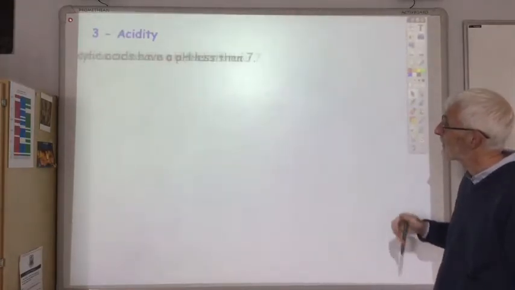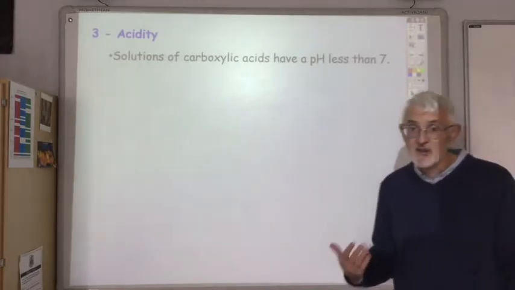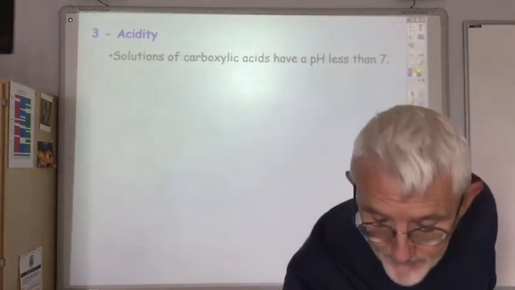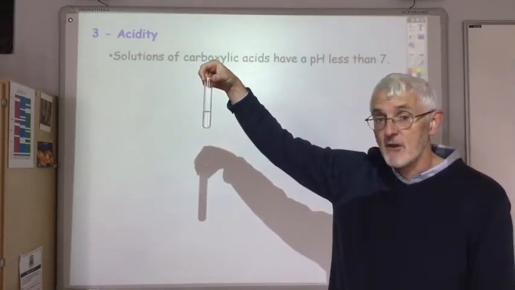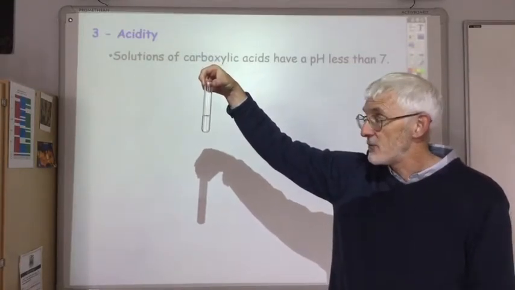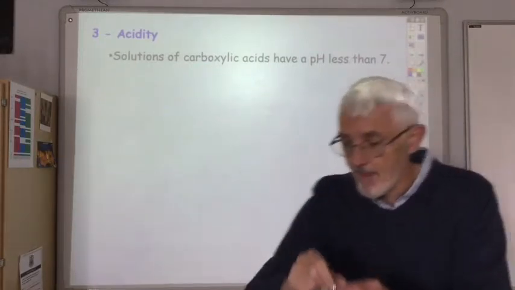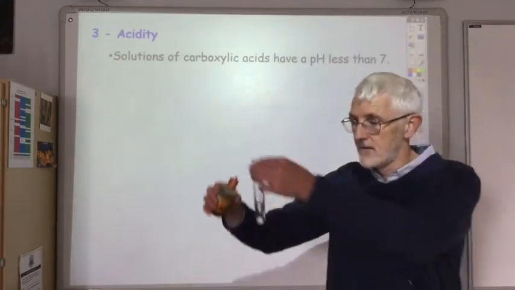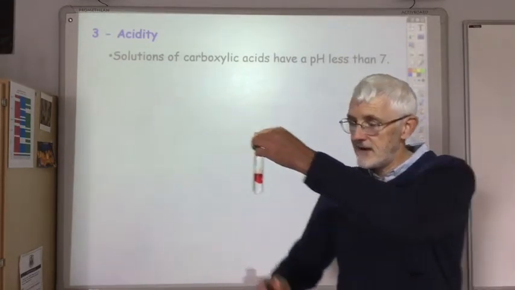So solutions of carboxylic acids are going to have a pH less than 7. So here we have a solution of ethanoic acid, and we'll test its pH by adding some universal indicator. So let's add a few drops of universal indicator.